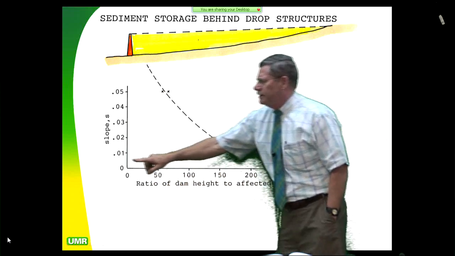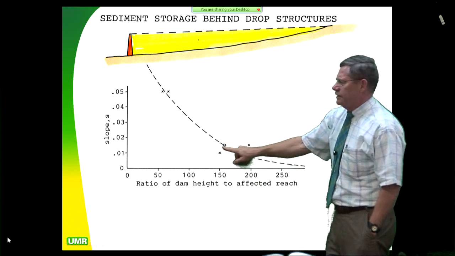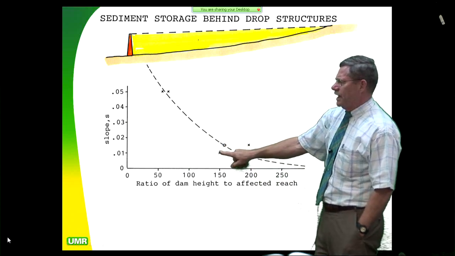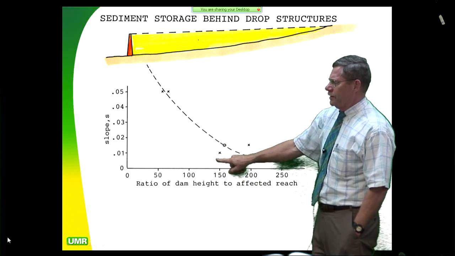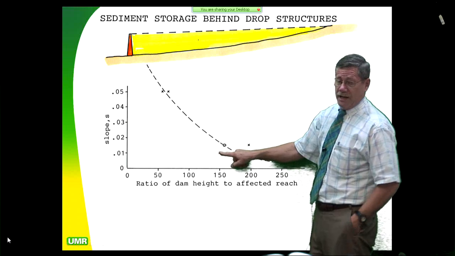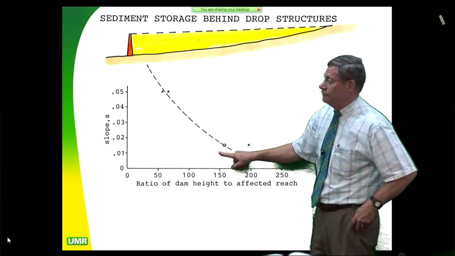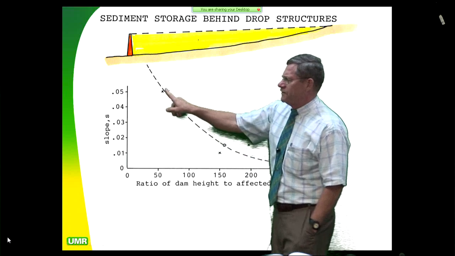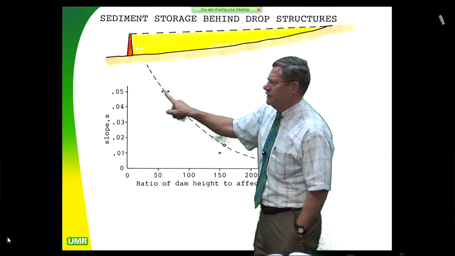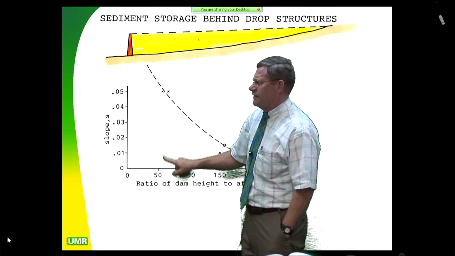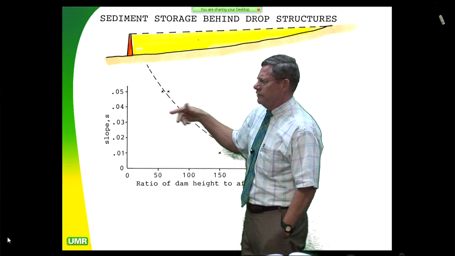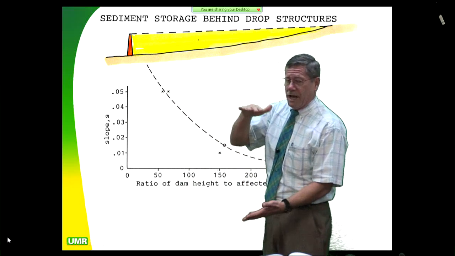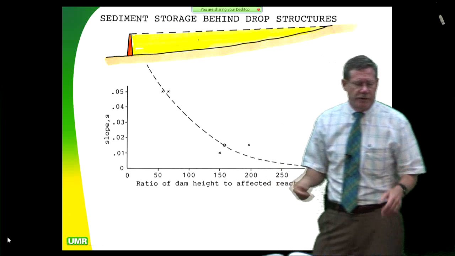So down here at a 1% grade, if we had something 2 feet high, we could go 150 times that till the next check dam. So that means 300 feet. But if we're in something that's very steep, 5% grade, we're only going to get about 65 heights. So if we had a 2-foot high drop, every 130 feet, we'd have to put in another one.